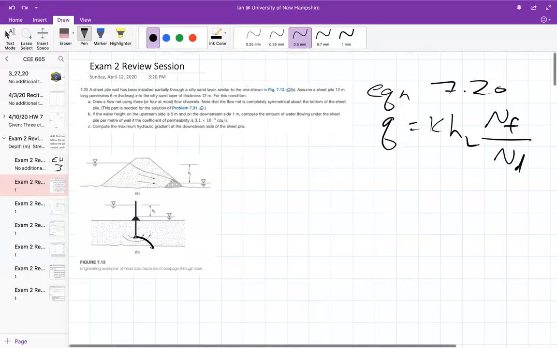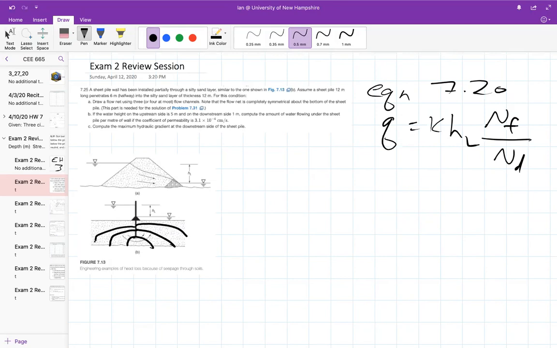If I can draw it right. So that's going to be 1. We're going to do another one up here, and then we'll do one more right here. Because the way that the soil wants to flow is that it wants to go underneath the wall for the shortest path.